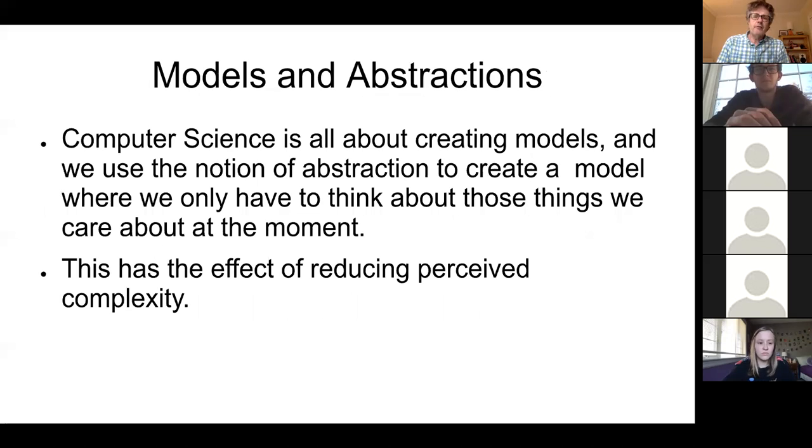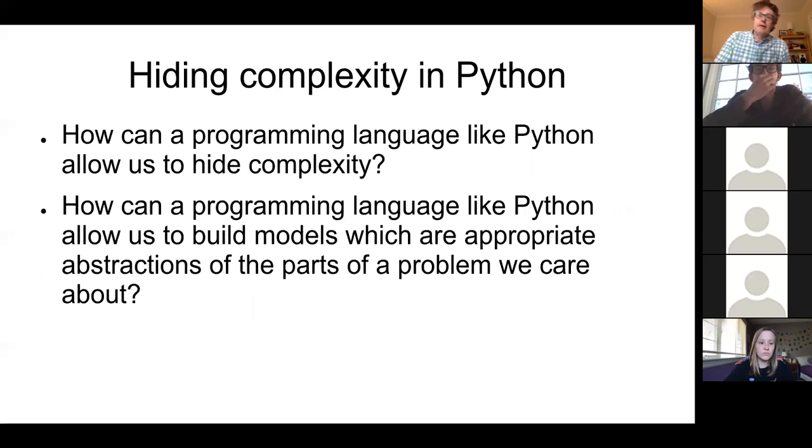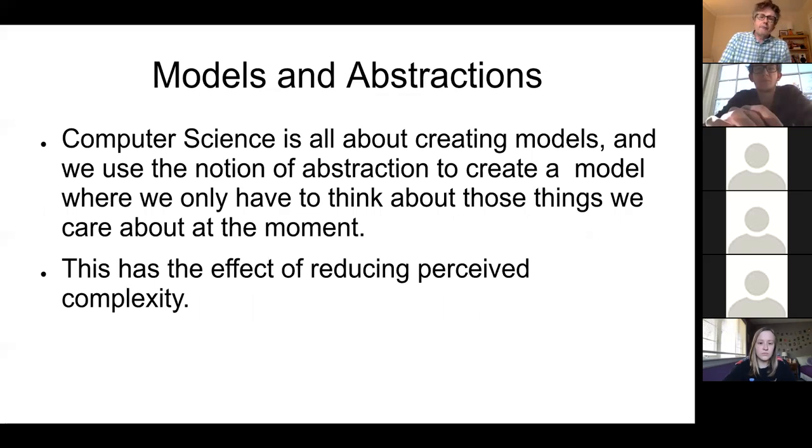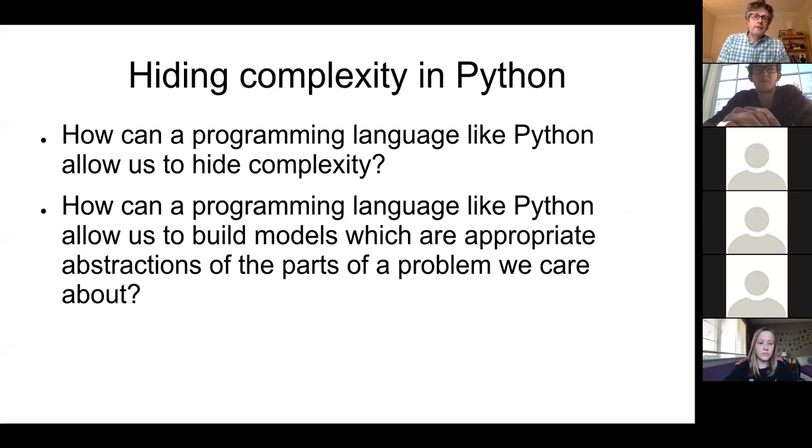So computer science is all about this. It's all about breaking things up into these pieces and these abstractions and separating how things work from what they do. And this has the effect of reducing the perceived complexity. You don't have to think about things, right?